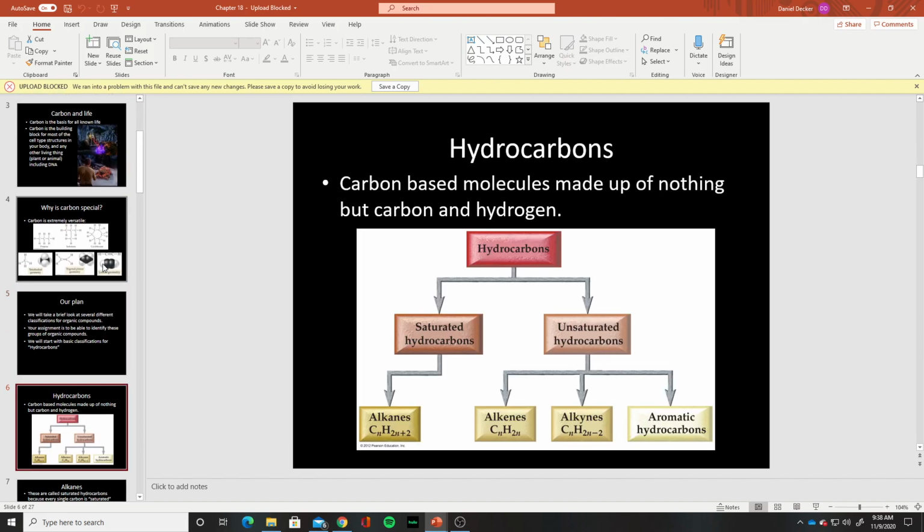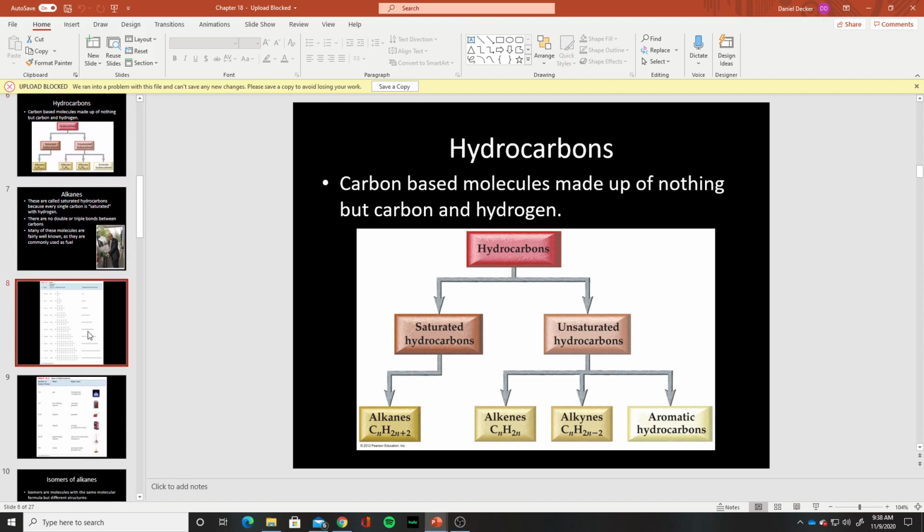So, for example here, we had hydrocarbons, and we split those up into alkanes, alkenes, alkynes, and aromatics. You should be able to identify all 4 of those. And it's pretty straightforward to identify these. And you should also be able to identify saturated versus unsaturated.